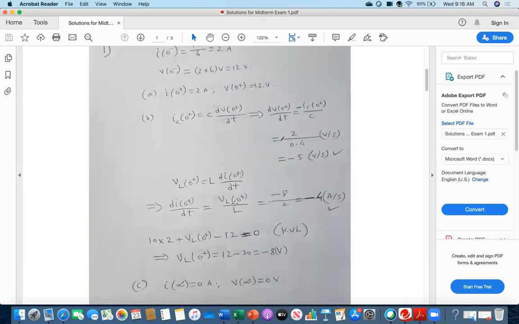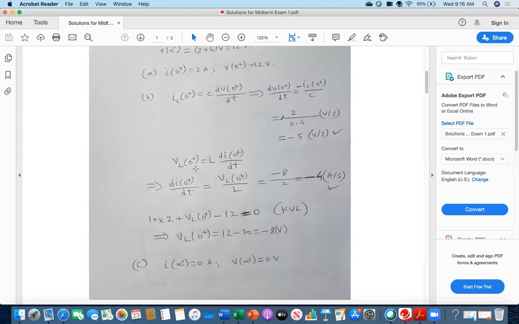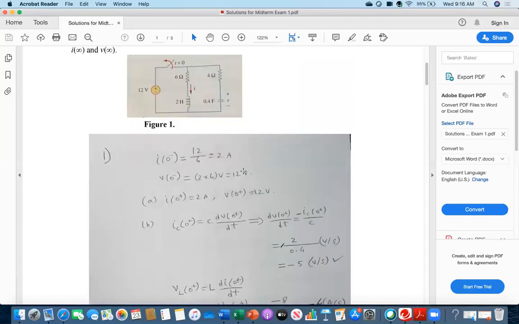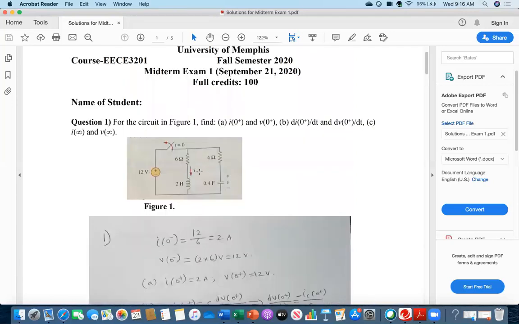And then for the inductor, you can write VL 0 plus is L di by dt at 0 plus. So you need to find di0 plus by dt, which is VL 0 plus over L. For VL 0 plus, I am writing the KVL for this loop. You can sum 4 plus 6, that is 10 ohm. So 10 ohm, 2 Henry, and 0.4 farad.